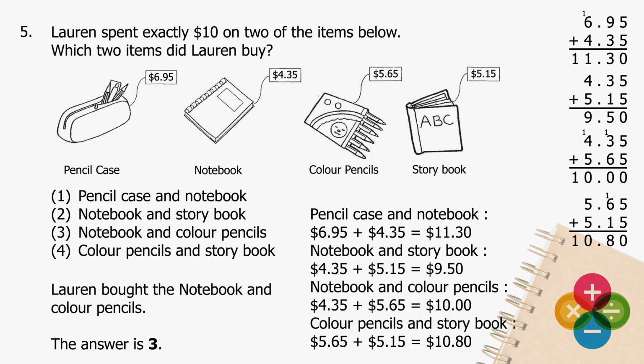The cost for notebook and story book will be add $4.35 to $5.15, and the sum is $9.50. The cost for notebook and color pencils will be add $4.35 to $5.65, and the sum is $10. The cost for color pencils and storybook will be add $5.65 to $5.15, and the sum is $10.80. Lauren bought the notebook and color pencils. The answer is 3.